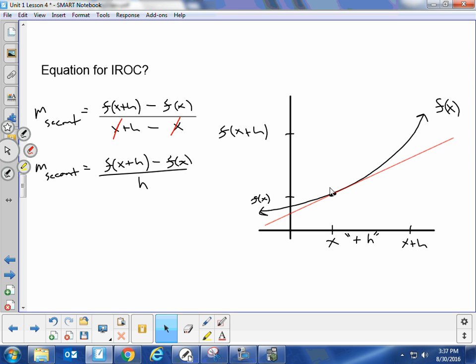Now, why can't I put it right on top of this point here at x? Why can't I just make it 1 point? What do you think? And what happens to the average rate of change if we're just talking about 1 point and itself?